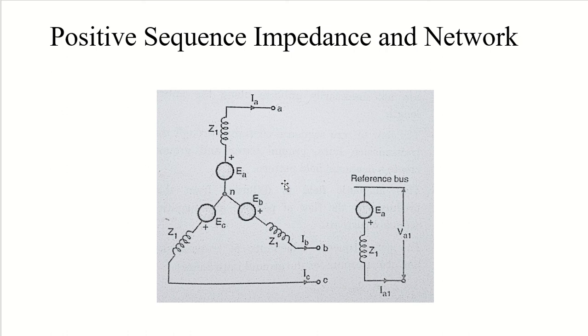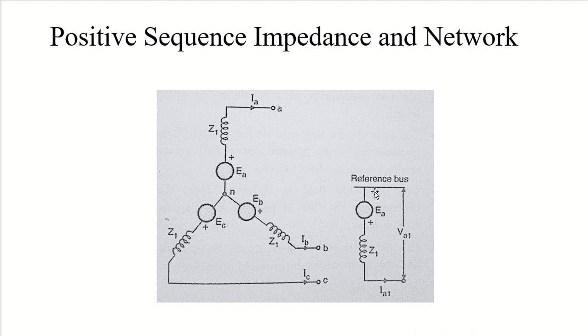So your system is working correctly, so there is no need for it. Okay, now as it is balanced network, it can be represented by single phase network model, right? And this single phase network model can be seen in this image only. So the reference bus for positive sequence network is at the neutral potential, this one, and the neutral is ground potential, and there is no current flowing from ground to neutral.